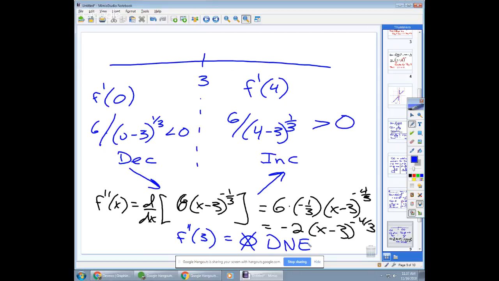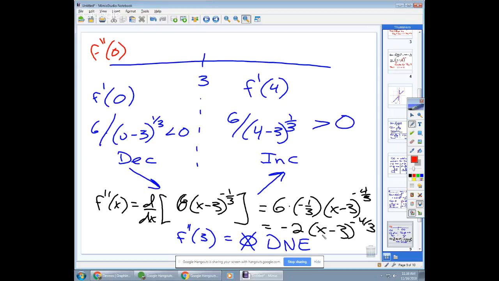All right, so what do we know? Let's see, some other things. Oh, let's test for concavity. If I were to plug in 0 into the second derivative, so f double prime of 0, we're going to get a negative base to the 4th power.